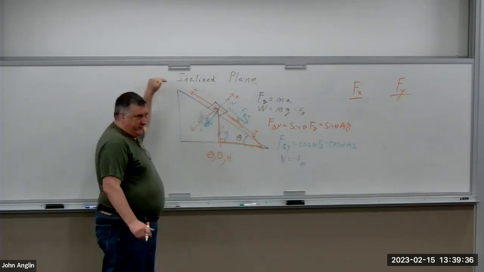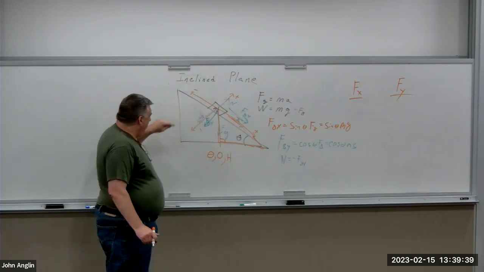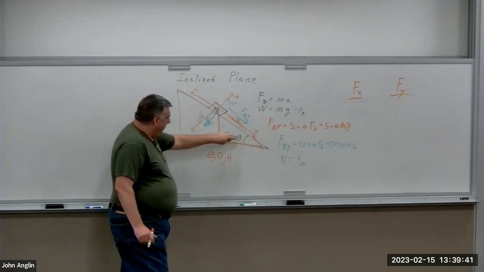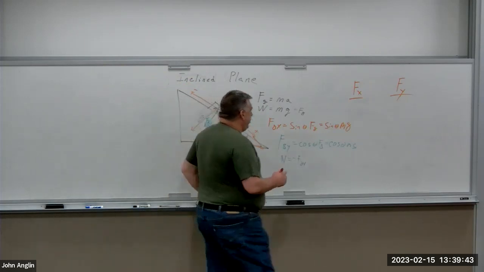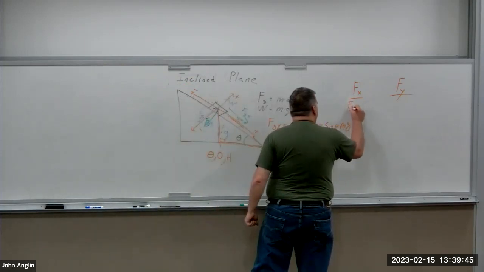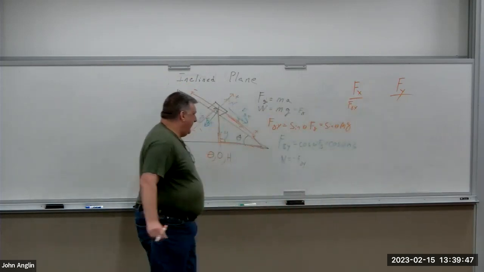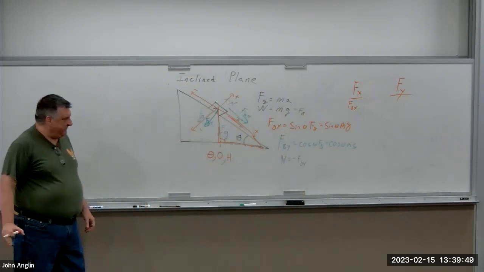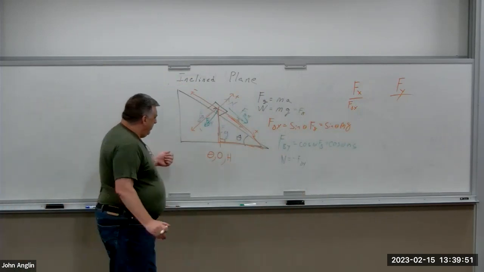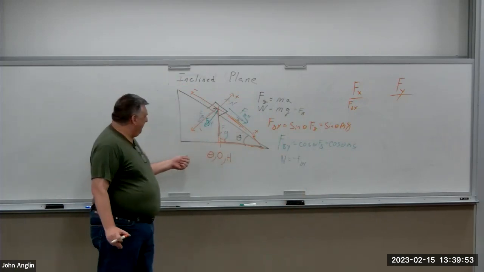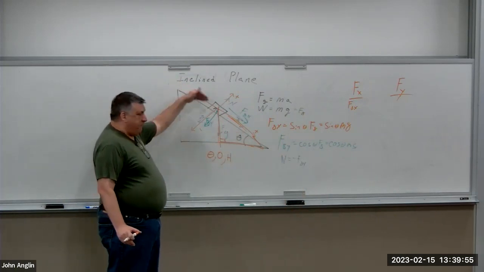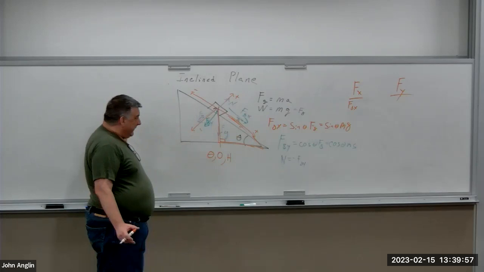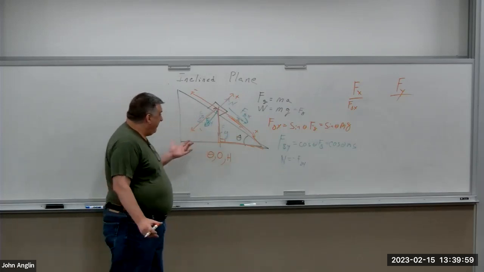Remember, our X direction is in the direction of the hill. So our force here is the force of gravity in the X direction. And nothing else, right? I'm not applying any force. There's no frictional force. None of that.